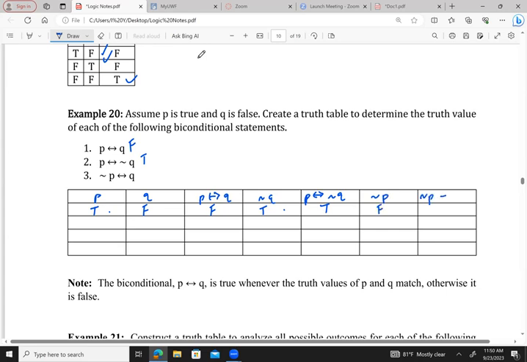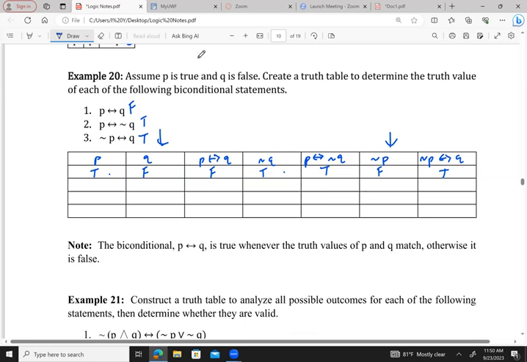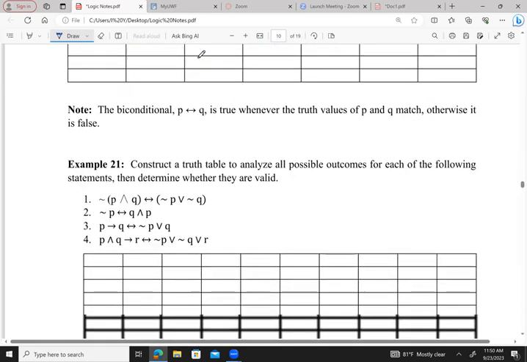And then we're looking at not P if and only if Q. So we're looking at false and false. So again, it is true. Keep in mind by the biconditional, P if and only if Q is true whenever the truth values of P and Q match. Otherwise, it's false.